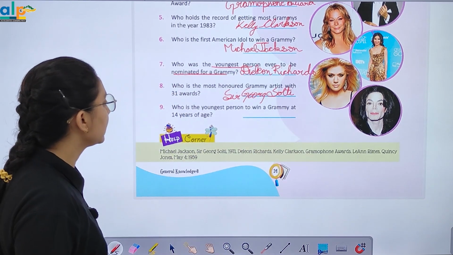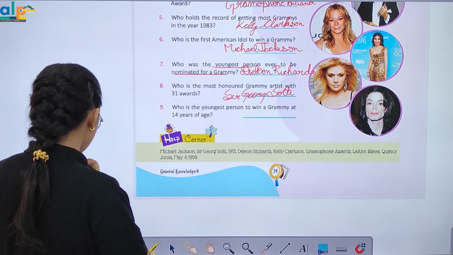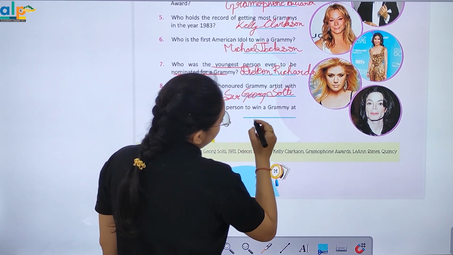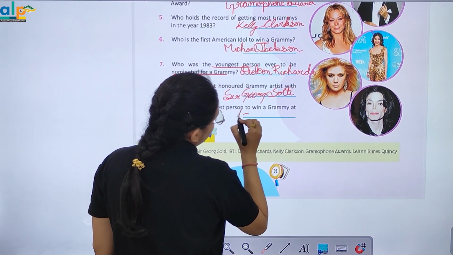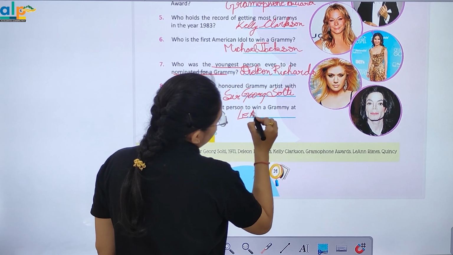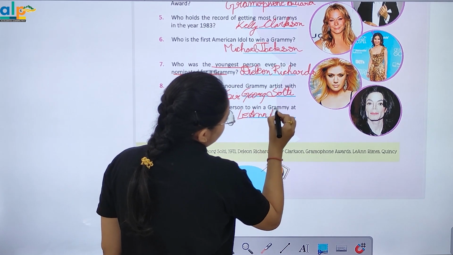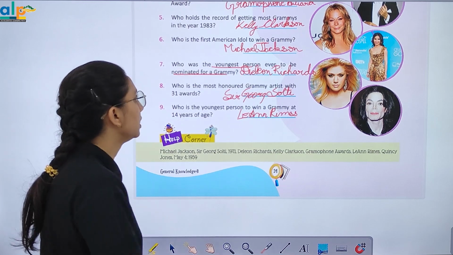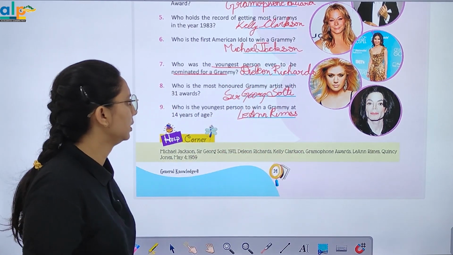Who is the youngest person to win Grammy? सबसे youngest person कौन था जिसको Grammy मिला था? That is LeAnn Rimes.